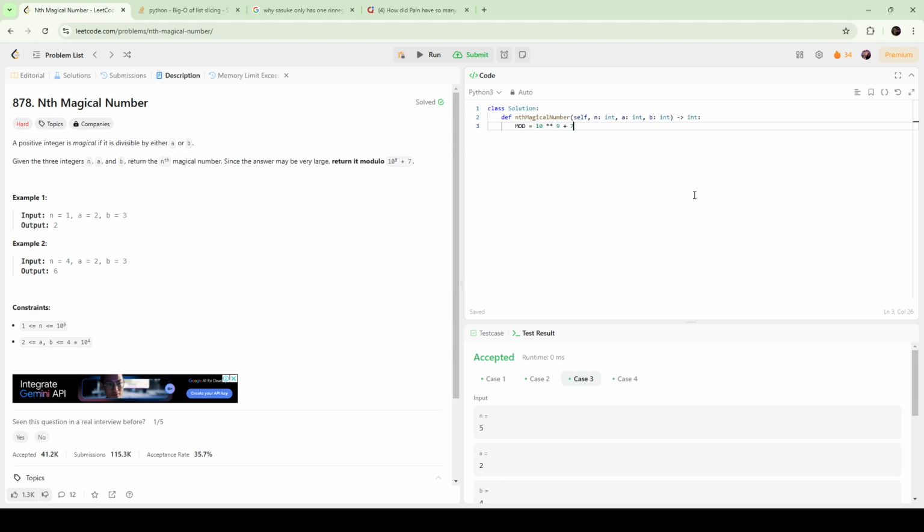First, we are going to initialize our mod. The left and right pointers are equal to min of a and b, and max of a and b multiplied by n, right?